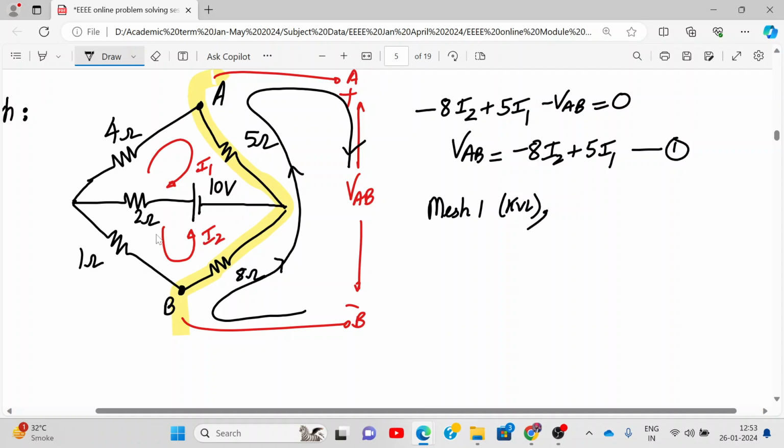Tell me. Minus 11 I1. Minus 11. Acha, directly you are saying. So, okay, fine. Let me go by the traditional method. I1 minus or plus? Minus, no?